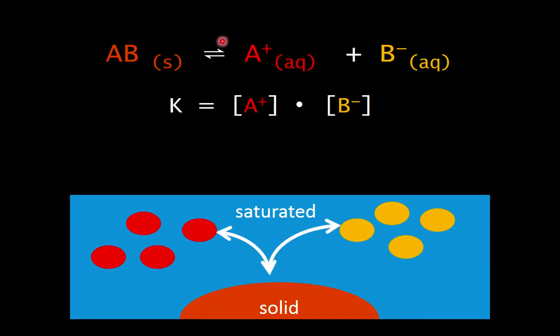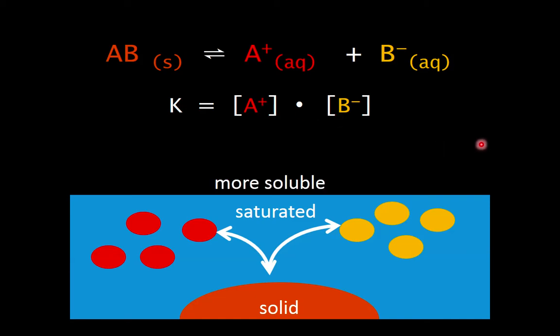Now we can set up the equilibrium constant expression. We have the concentration of each of the products in the numerator. On the denominator, we would have put this reactant here, but it's a solid, and solids don't have a concentration, so they're excluded from this expression. So we have the concentration of A times the concentration of B at equilibrium.